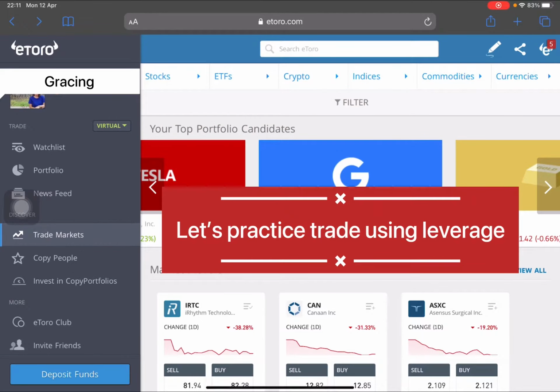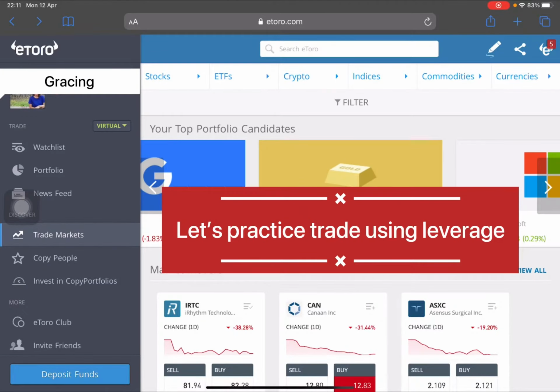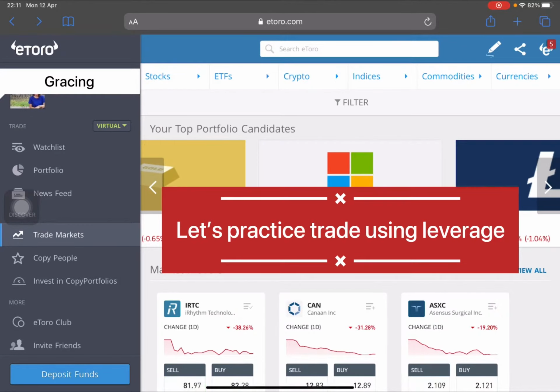Most people do leverage because this is the best way to earn money. Since you have a limited capital, say you only have 200 US dollars, your exposure is only 200 US dollars, but if you are using leverage, it will be more.